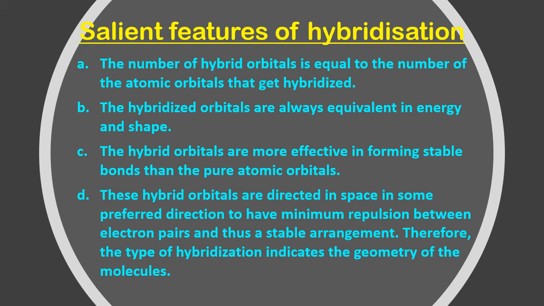So least repulsion, least disturbance, least energy, most stability. And depending upon the type of the hybridization, they go for a particular shape. So from the type of the hybridization, we can tell what shape it will take, what molecular geometry it will take.